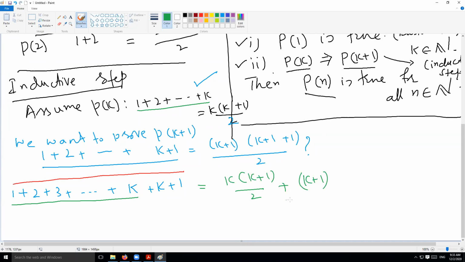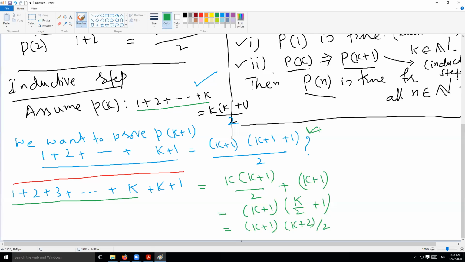Now I would like to simplify this expression and see whether I get the target or not. I can pull out k plus 1 from the sum. So I get k over 2 plus 1, and if I simplify it a bit, I get k plus 1 and k plus 2 divided by 2, which is precisely this statement.